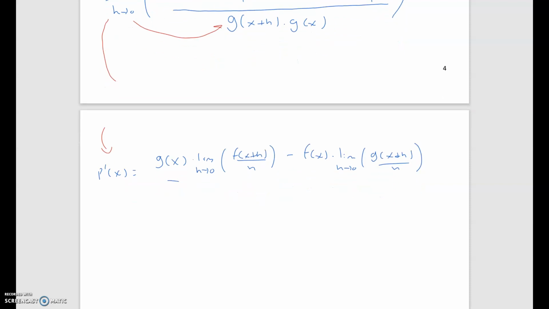And then at the bottom, we have the limit as h approaches 0 of g of x plus h times g of x.